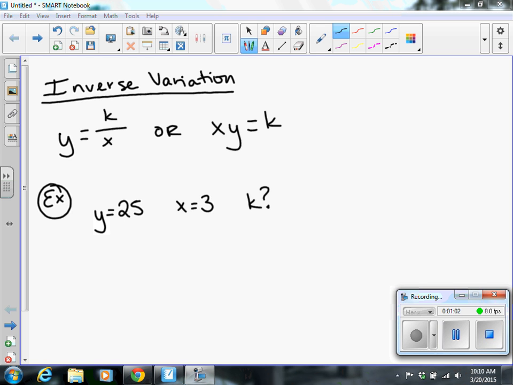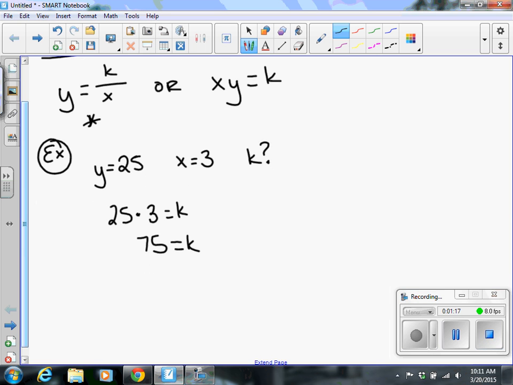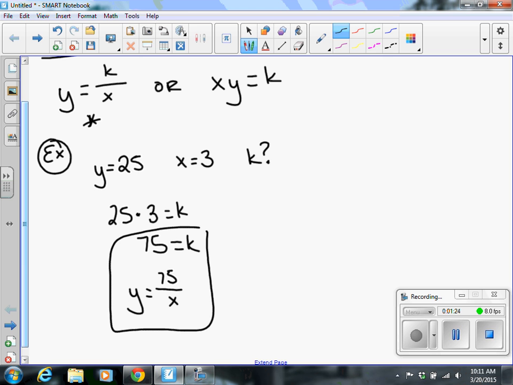So I'm going to use the second one here, and I've got 25 times 3 equals k. So I've got 75 equals k. If I wanted the true inverse equation, I'm going to use the left one. I'm going to rewrite this then as y equals 75 over x. Okay, so I found my k, and then I rewrote it in my equation.